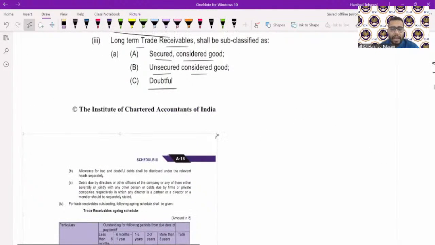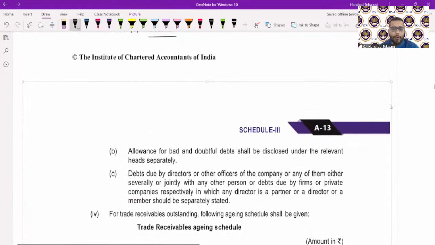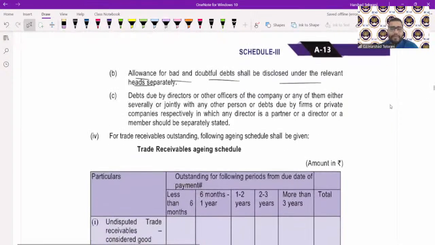And if any allowances are there, you need to provide separate details for the allowance for bad and doubtful debts under the relevant head. Same way, if there is a due by a director or officer or any person of the company where they are jointly or severally liable, then you need to disclose them separately. Okay.